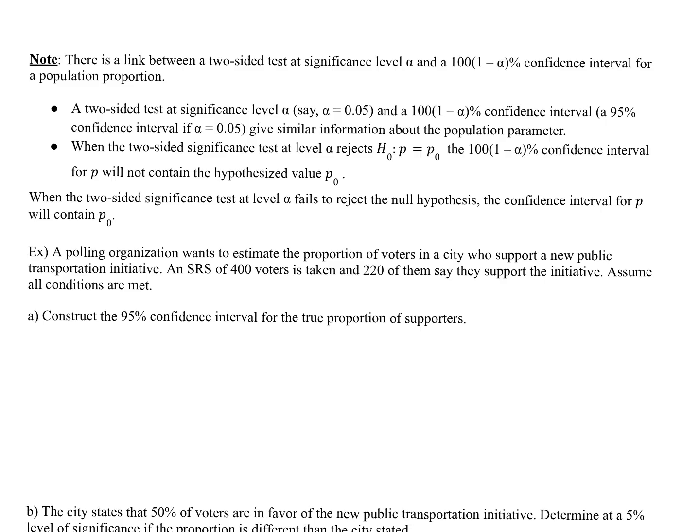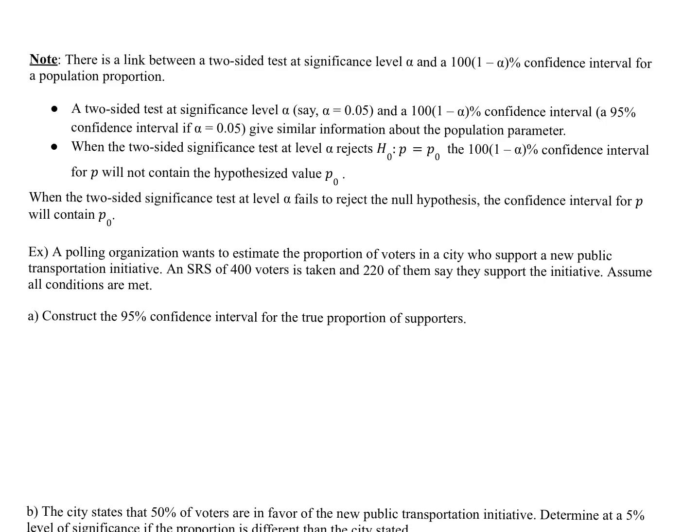So for example, if you're doing a two-sided significance test, so it does not equal the alternative hypothesis, and your alpha is 0.05, and your confidence interval is 95%, they are going to give you similar information about the population parameter.